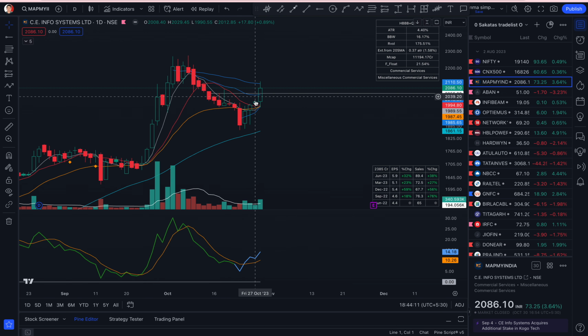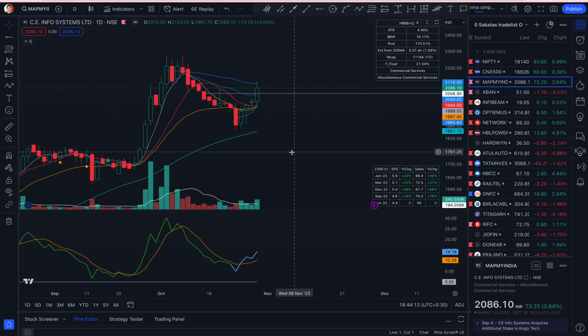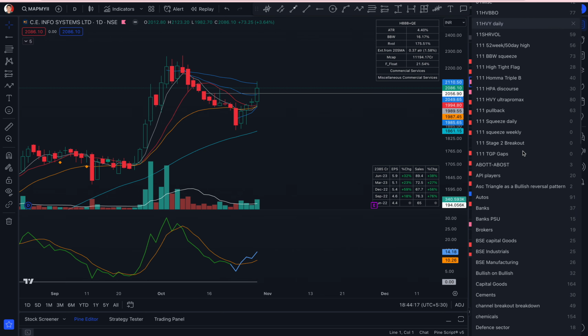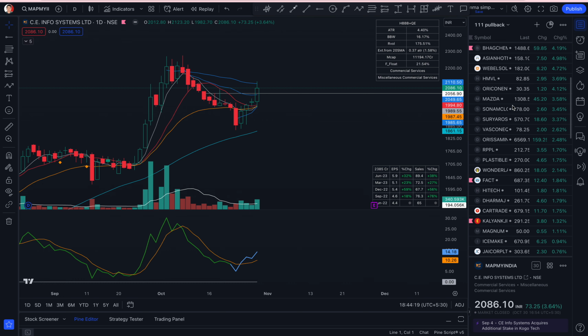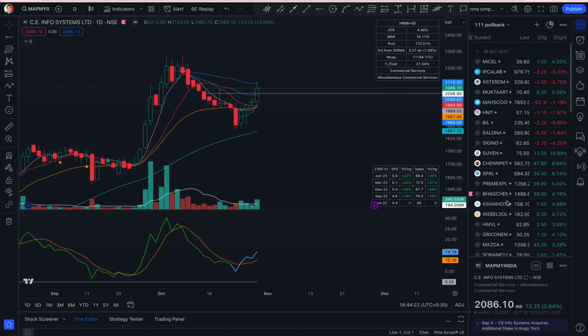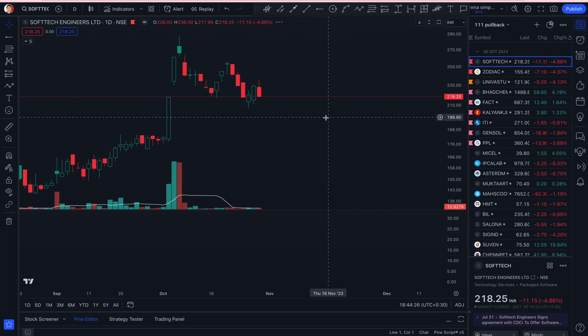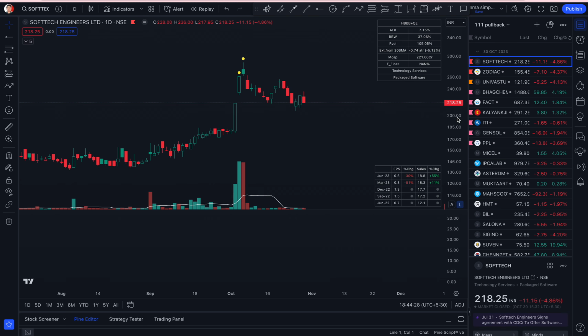So for a smaller term swing at least, you have to just go through pullbacks, right? A couple of nice pullbacks I want to discuss with you all.